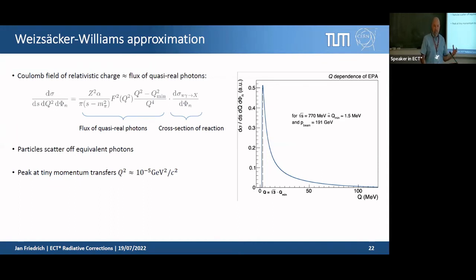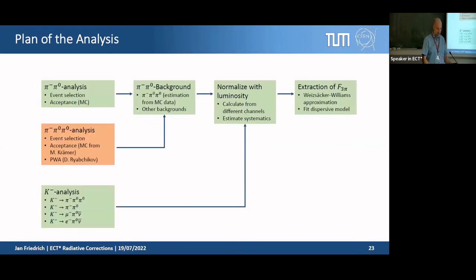And by this, you get a very good estimate for this background. But I will not present this whole analysis here, because I wanted to focus on the radiative corrections part of it. I just mention on the side that it's actually the main part of the work, as usual, to get hold of the backgrounds.